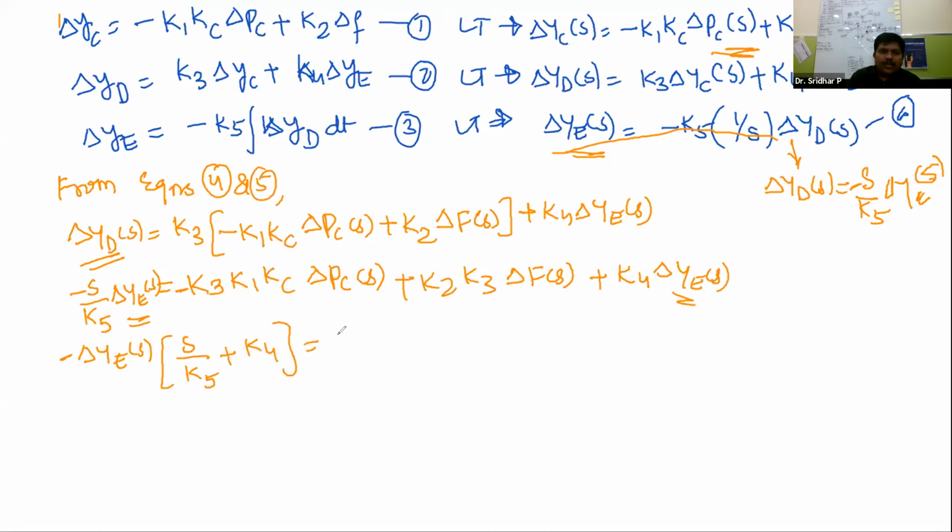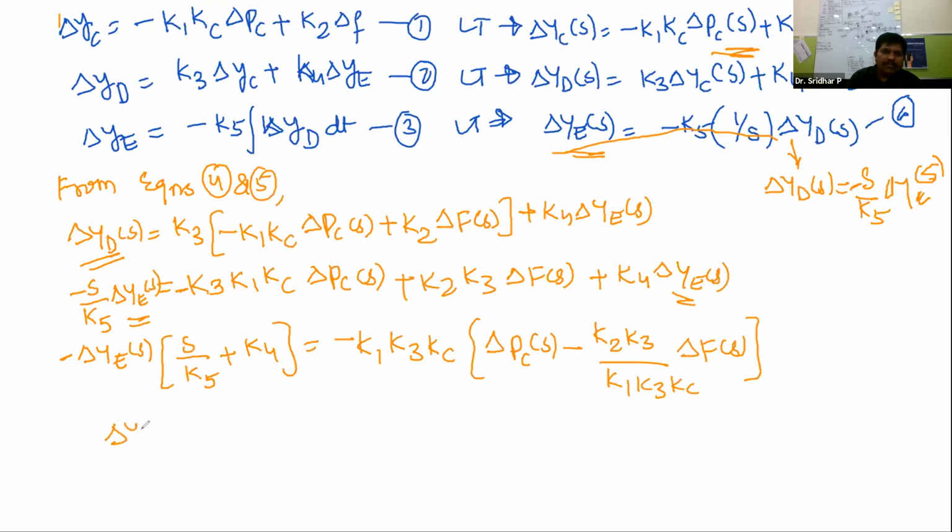On the right side, I am taking minus k1 k3 kc common, so this is delta pc of s minus k2 k3 divided by k1 k3 kc, delta f of s. On both sides you can take minus as common.